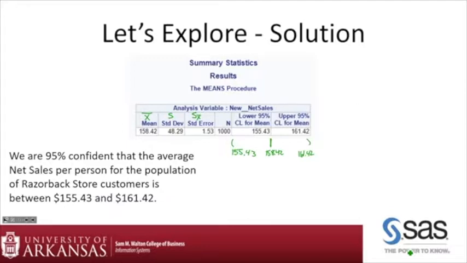And then if we wanted to have even more fun, the way that confidence intervals work, we actually start out with the point estimate, and then we add and subtract a margin of error.